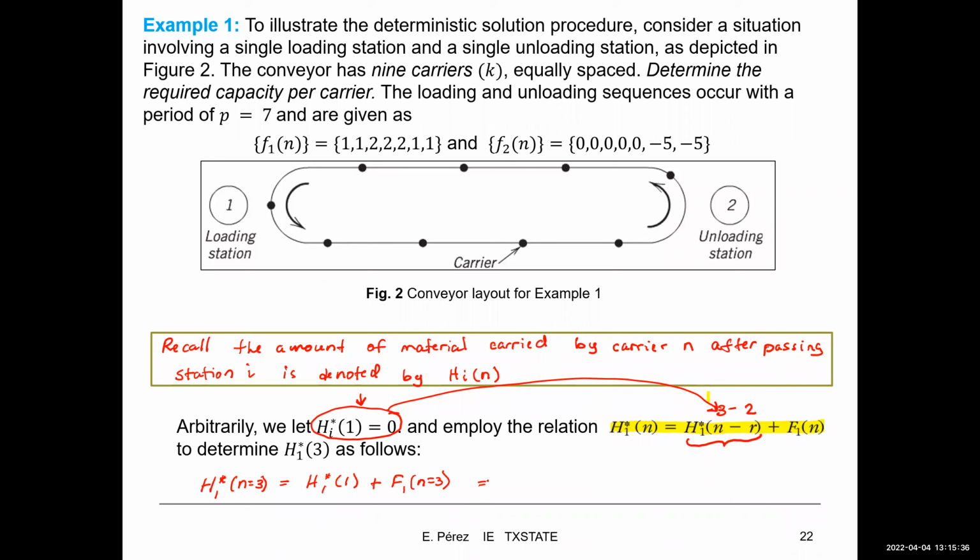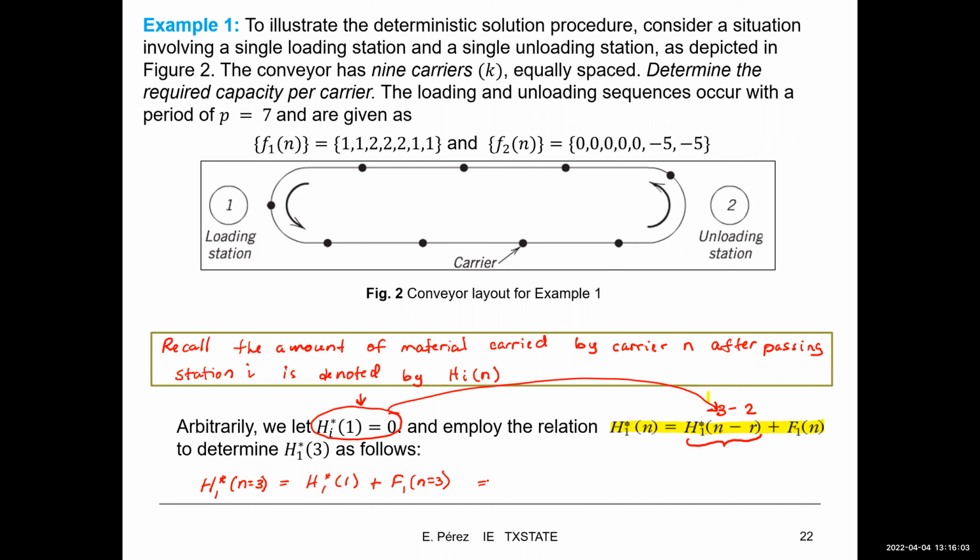Right, so we are assuming that station 1 we're going to start empty, so we need to use this value to compute the rest of the H values. Okay, so what is the next value that I can use? Well, I need to look at this expression. I know that R equals 2. So in order for this to be equal to 1, which is the value that I have, I need to look at station 3, because 3 minus 2 is equal to 1.